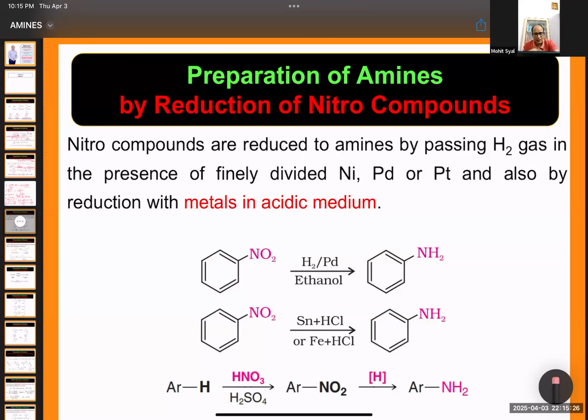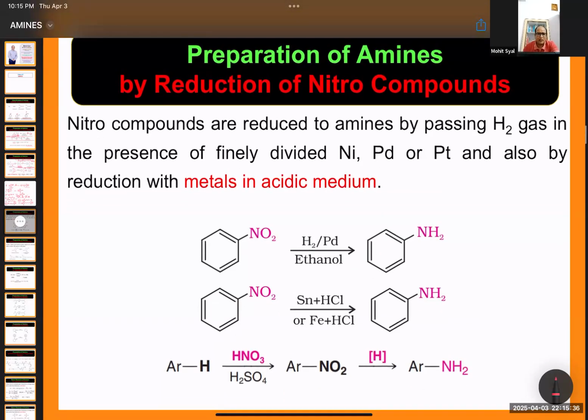So this class of reaction is actually by reduction. Okay, there are many other functional groups, but the most important is the nitro compound, reduction of nitro compound. So nitro compound can be reduced to aniline. There are many reducing agents. H2/Pd is the most common.